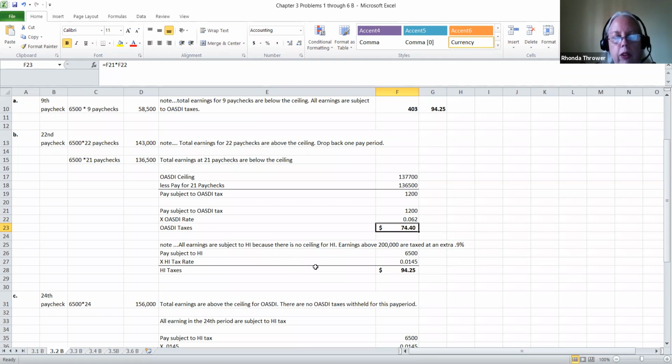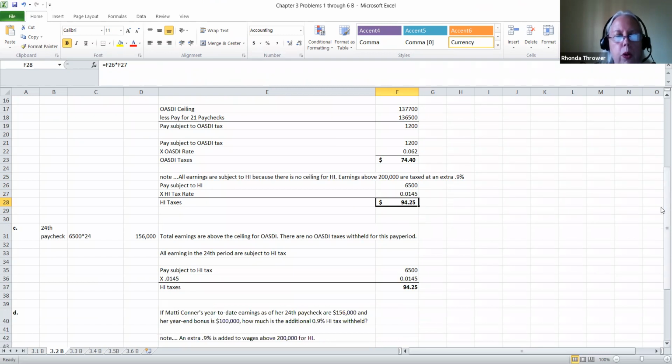They pay HI taxes on all of that. So for this particular pay period, the 22nd pay period, only $6,500 is taxable at the HI rate. And you multiply this to get $94.25.